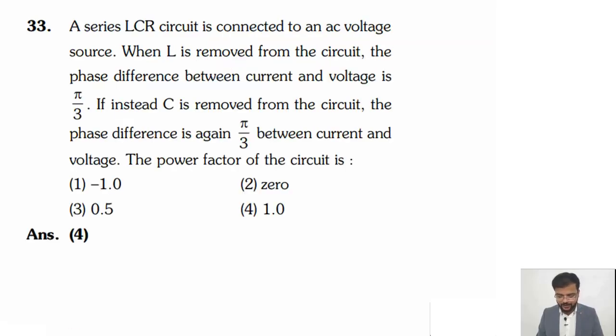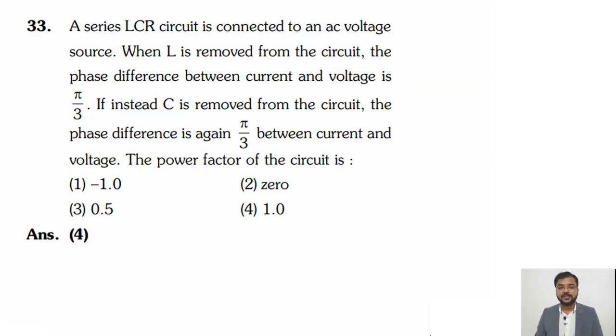Let's see the next question. A series LCR circuit is connected to an AC voltage source. When L is removed from the circuit, the phase difference between the current and voltage is pi by 3. If instead C is removed from the circuit, the phase difference is again pi by 3 between current and voltage.